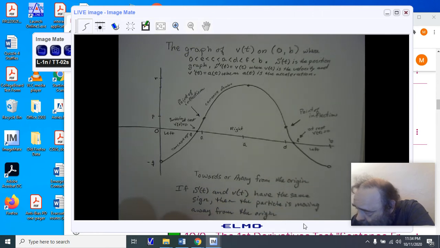If the position and velocity have opposite signs, then the particle is moving towards the origin.